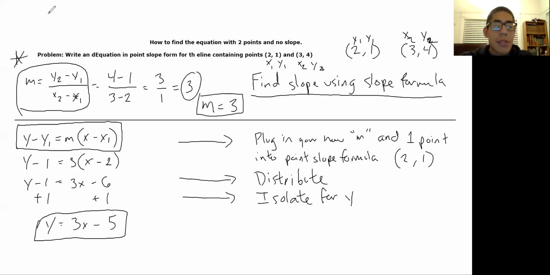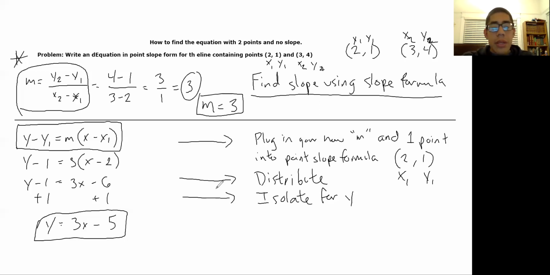So anyways, I substitute what I know. If I'm going to use 2, 1, 2 would be my x1 and 1 would be my y1. So y minus my y1, y minus 1, is equal to 3, which is my slope, parentheses x minus 2.